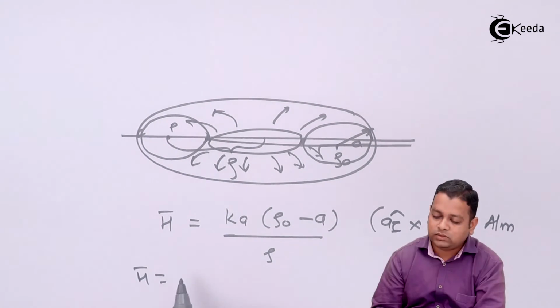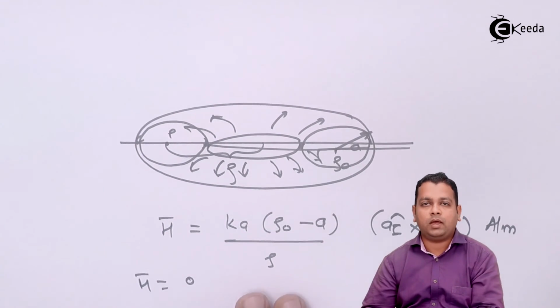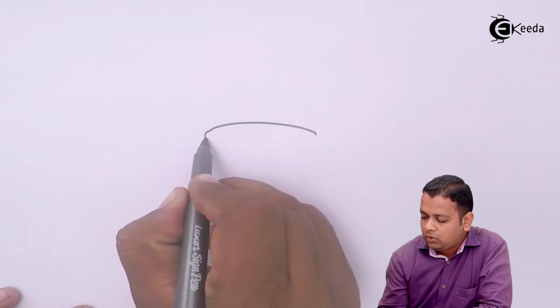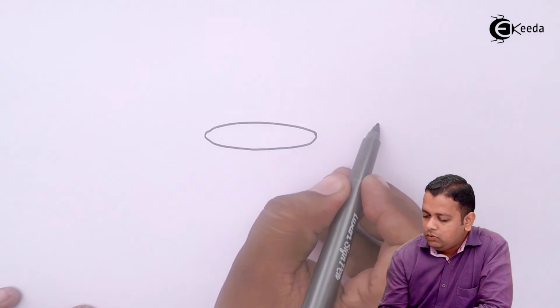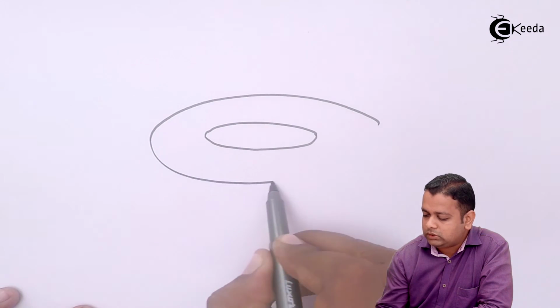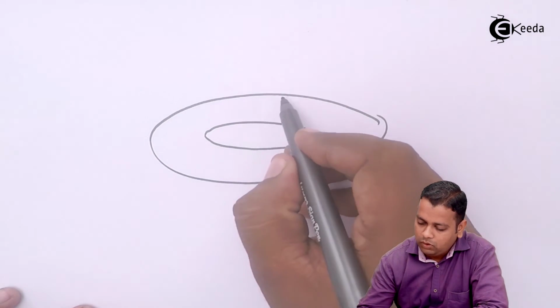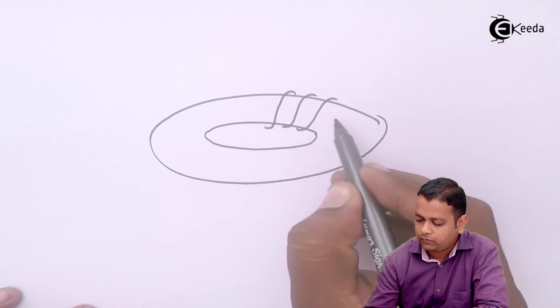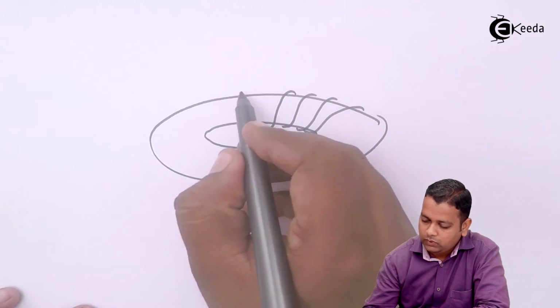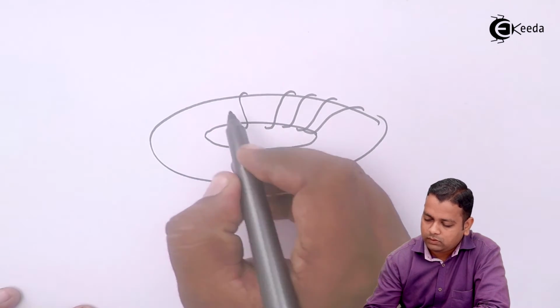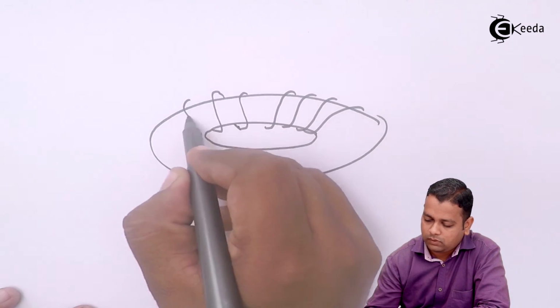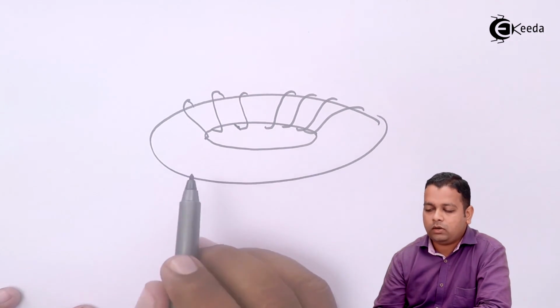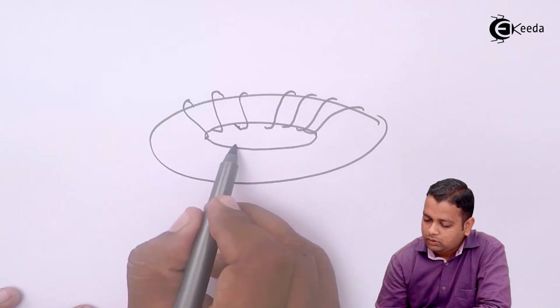Outside the toroid, as in the case of solenoid, we have magnetic field intensity equal to 0. Now for the practical toroid, onto this toroidal diagram what we have drawn, we have to show the turns. So if N number of turns are there, I have to show the turns like this. So if we continue here, this toroidal body will be full of the turns.